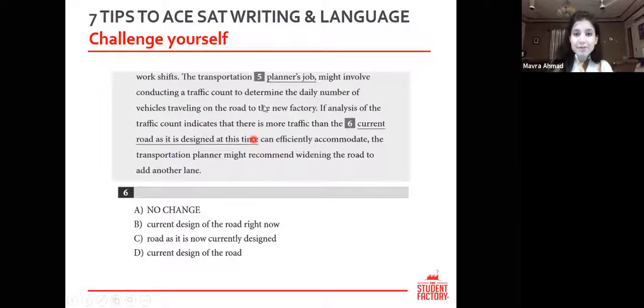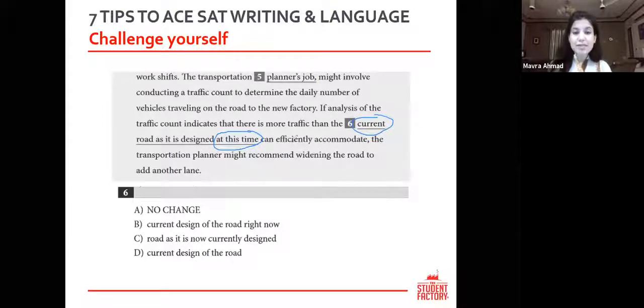The first thing that we look at is the word current, and then as it is designed at this time. Don't you think current and at this time, both of these, this phrase and this word has the same meaning? Both of them have the same meaning. How can we correct it?